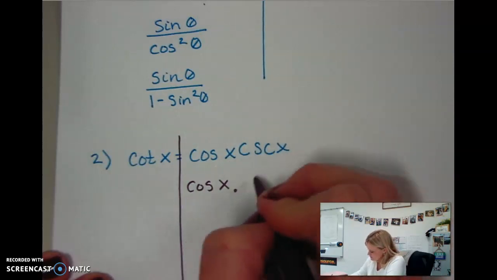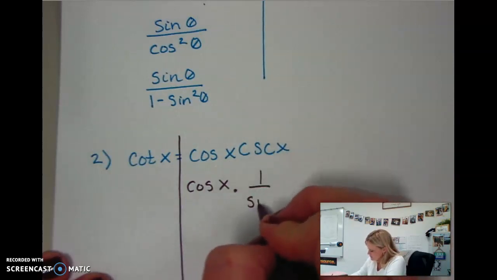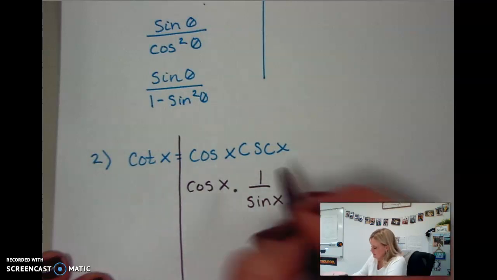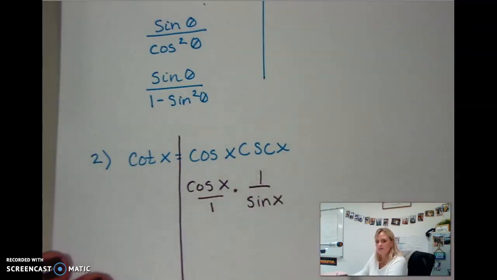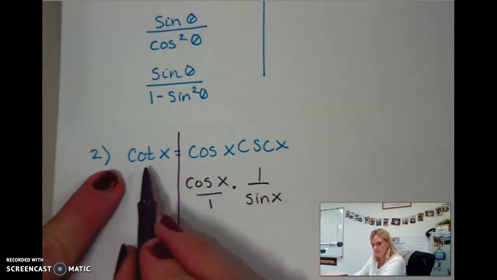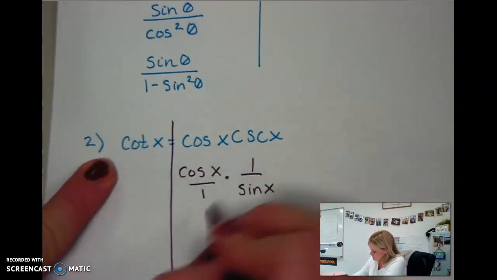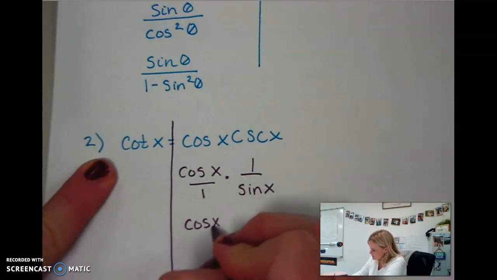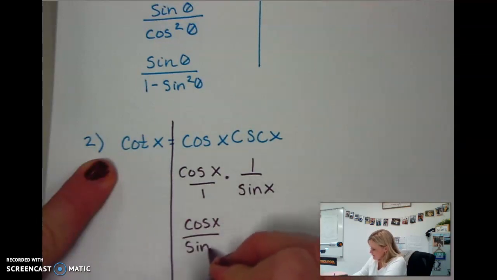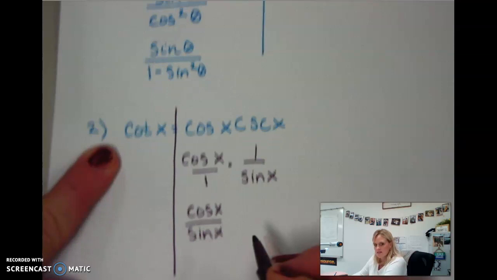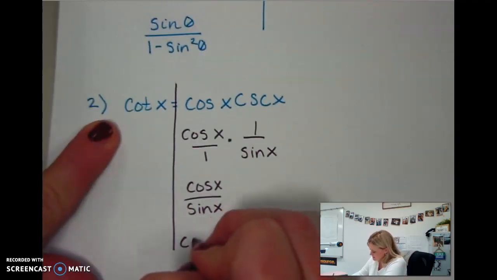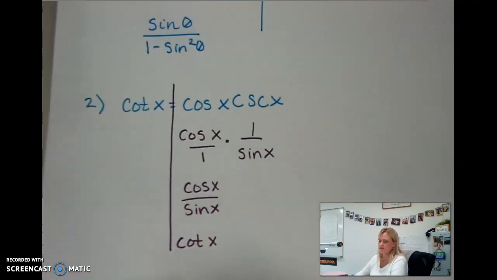Cosecant, I know, is the same as 1 over the sine. And if I put this over 1 and reference my left-hand side, my goal is to get to cotangent. Well, if I multiply straight across, I know that cosine over sine is the same as cotangent, and I'm done. Okay?